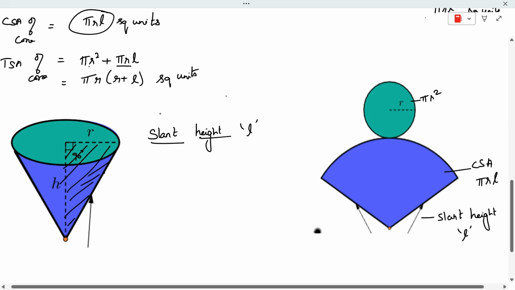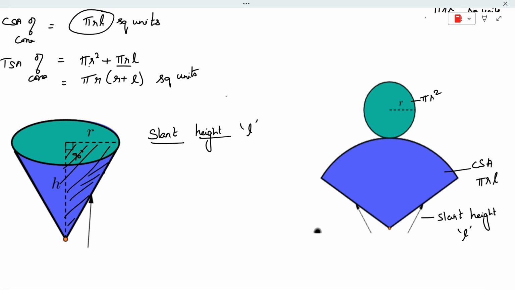Suppose you have to determine the CSA of a cone where you don't know the slant height. So how will you determine the slant height, which we are going to see now. Let us consider this right angle triangle, and you know this is nothing but the slant height, right? So slant height, radius and height are related using Pythagoras.